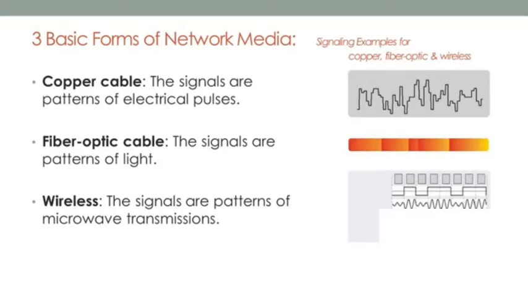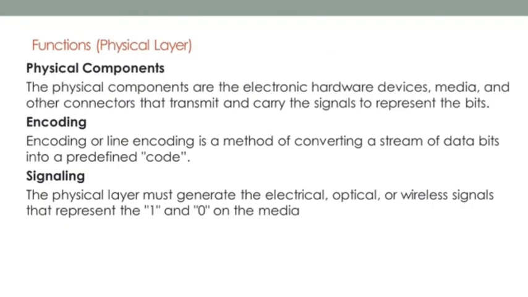There are three basic forms of network media: copper cable, fiber optic cable, and wireless. With copper cable, the signals are patterns of electrical pulses. With fiber optic, the signals are patterns of light. With wireless, the signals are patterns of microwave transmission. Functions of the physical layer: the physical components, encoding, and signaling.